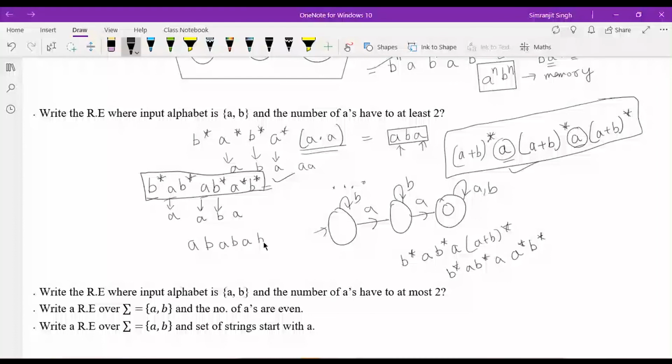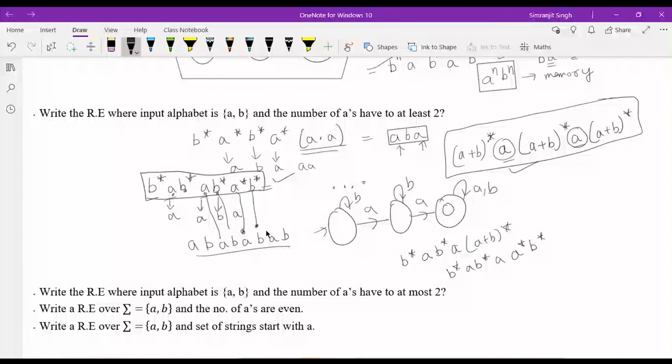If I want to derive another AB, this contains at least two A's, but it is not generated by it. A you will get from here, B from here, A from here, then B from here, then A from here, then B from here. After that we are standing at B in the regular expression, so there is no way to go back, yet that AB should also be in the language.